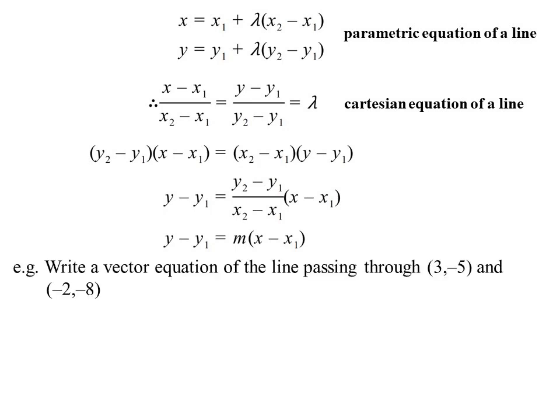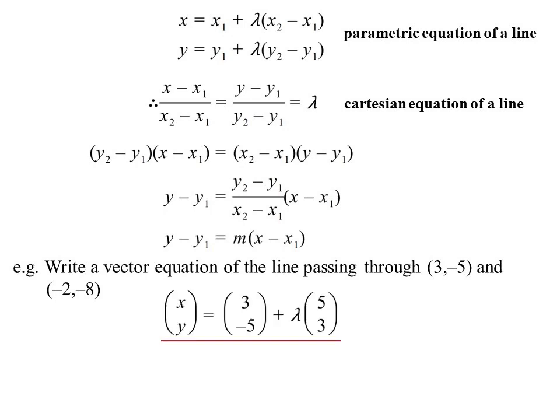If I now get this question, they don't just say write the equation of a line, they're actually specifying write the vector equation of the line passing through these. Bang! There it is. Now how did I get it so quick? All I have to do is any point on the line. I can pick any point I like that lies on this line. Well, they've given me 2 points, so I said 3 minus 5, writing it as a column vector.